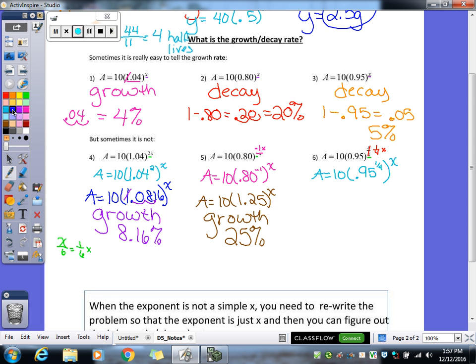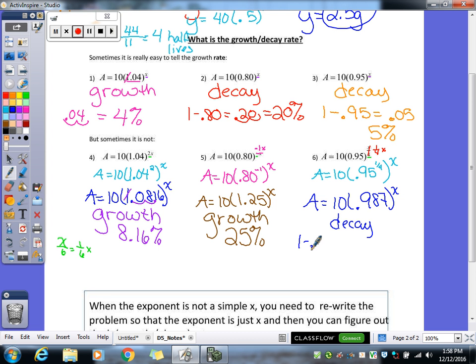You can use your calculator to help you out with that. 0.95 to the 1/4. What do we get? 0.987. Growth or decay? Decay.